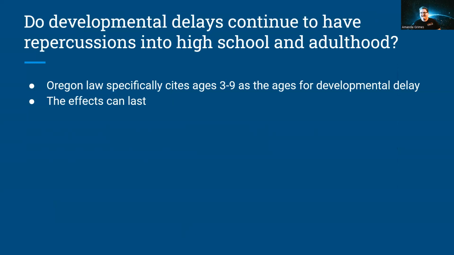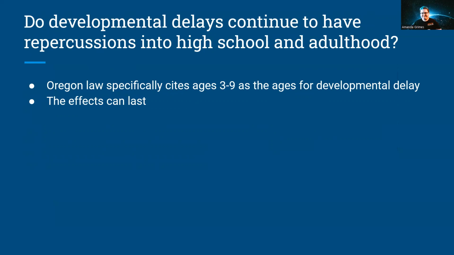Finally, developmental delays continuing into high school and adulthood. Not necessarily. The best way to put it is that the effects of the delays, if not addressed and treated, can continue on.